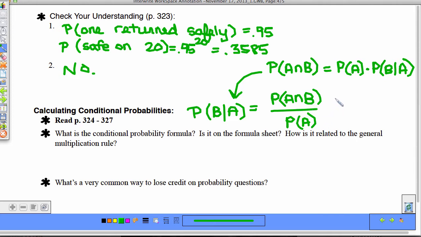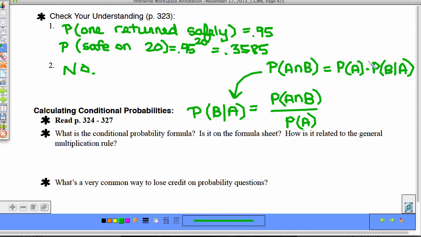That is my conditional probability formula. It is included on the formula sheet, and it's related to the general multiplication rule by just dividing. Just solve this for the probability of B given A.